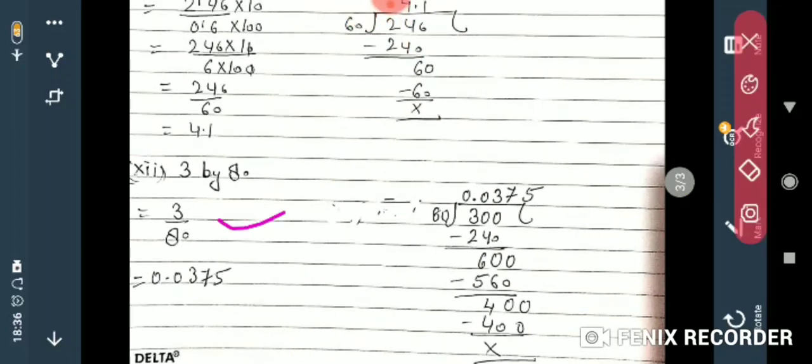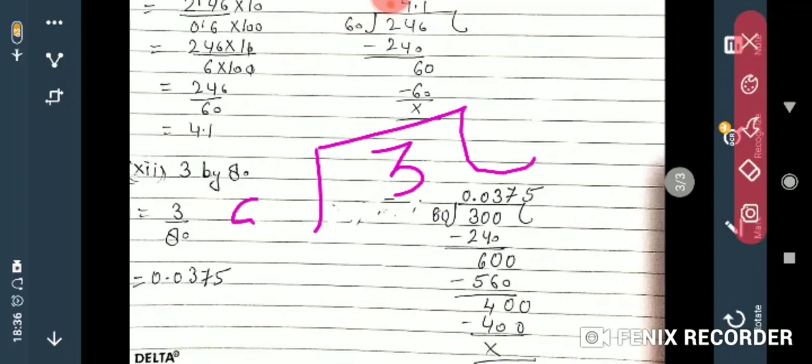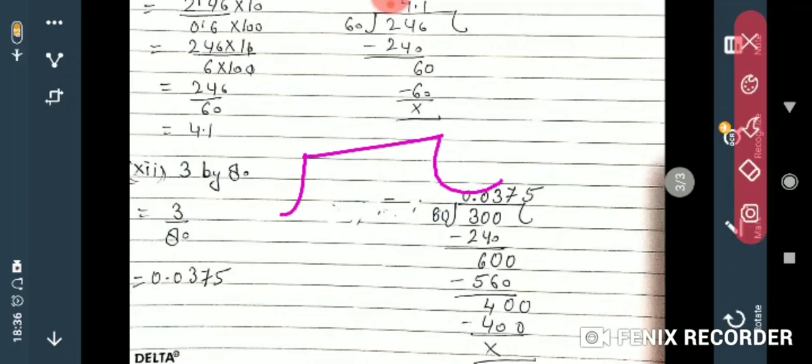Next, you have to divide 3 by 80. So no decimal is there. First you can easily divide. Just see. Okay, you have to divide 3 by 80. 3 is smaller, we'll put a point.